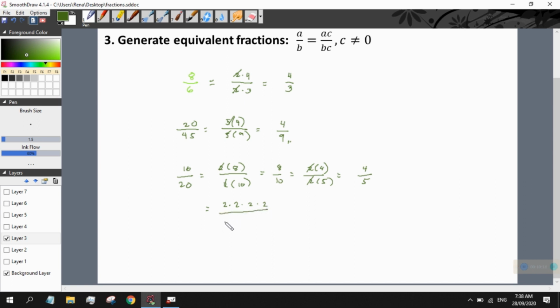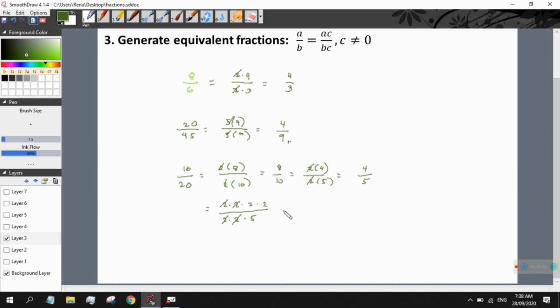So, for 20 naman, we're going to have 2 times 2 times 5. So when we prime factorize, we get all the factors of a certain number using all prime numbers.